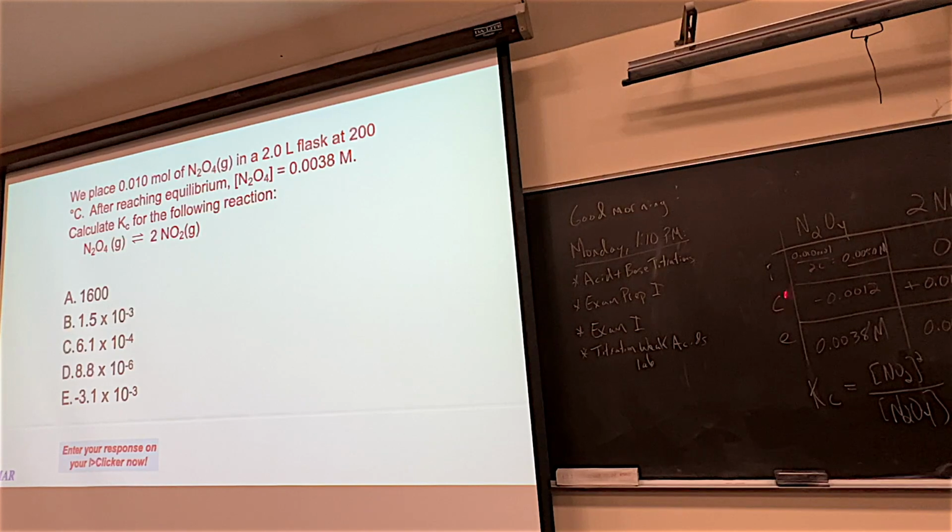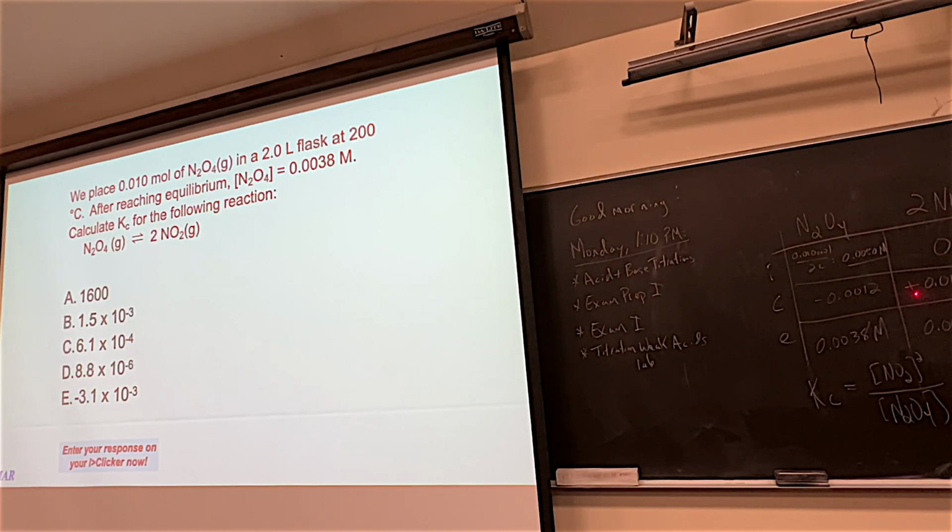So to figure out the change part for N2O4, it's literally the top number minus the bottom number, the 0.005 minus 0.0038, because that's the amount that the N2O4 changed going from the initial amount to the final equilibrium amount. So the N2O4 went down by 0.0012 moles per liter. And as much as this went down, we can make some kind of connection for how much the NO2 went up.